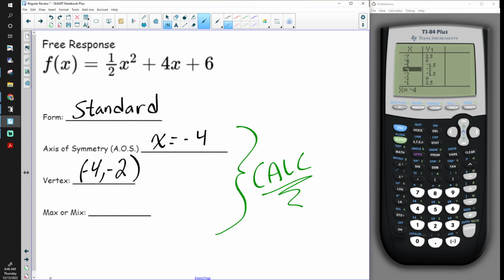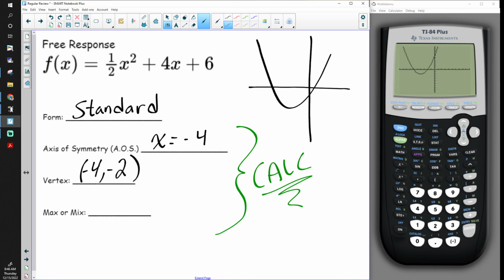And that's because if we take a look at this graph, we have something that looks like this. My vertex and the line that cuts my quadratic in half, the axis of symmetry, they go through the middle. The vertex is in the middle and the axis of symmetry goes through the middle. So that's why those values are the same.